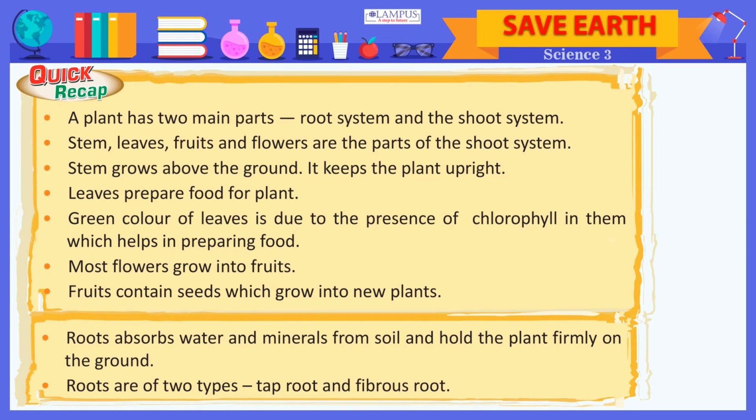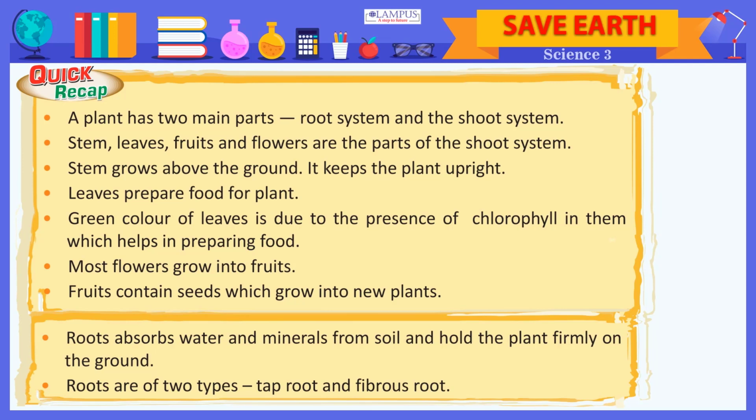Quick recap. A plant has two main parts, root system and the shoot system. Stem, leaves, fruits and flowers are the parts of the shoot system. Stem grows above the ground. It keeps the plant upright. Leaves prepare food for plant.